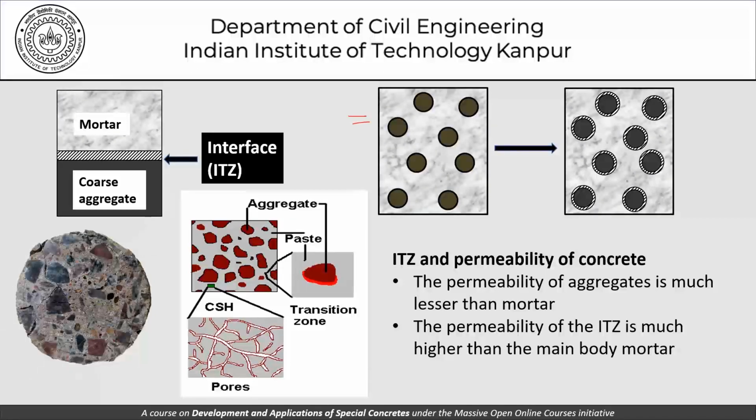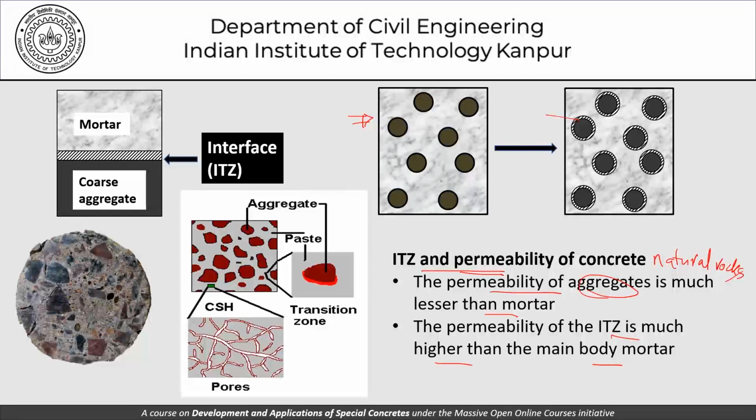It has this ITZ surrounding it, and this ITZ and permeability part of it is what this slide really wants to show. The permeability of aggregates is much lower than that of mortar. I've already discussed that because these are natural rocks in most cases. The permeability of the ITZ is much higher than that of main body mortar.